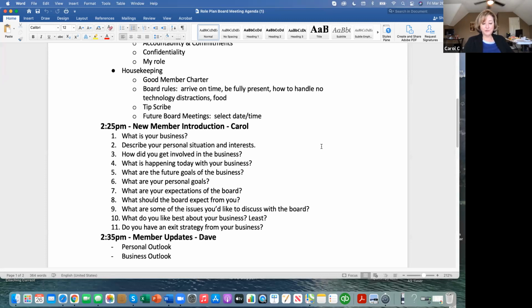Some of the issues I would like to discuss with the board is basically, what am I not seeing? What is it that I'm missing? I'm sure I'm missing something, and I don't even know that I can describe what that something means. But what kinds of processes should I be putting into place that are helpful from an operations standpoint or from a financial standpoint?